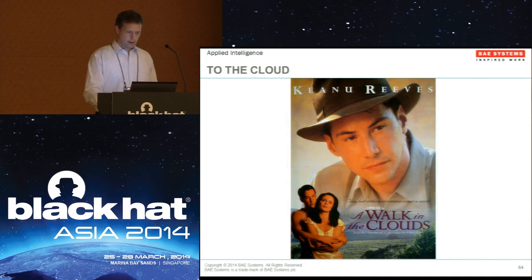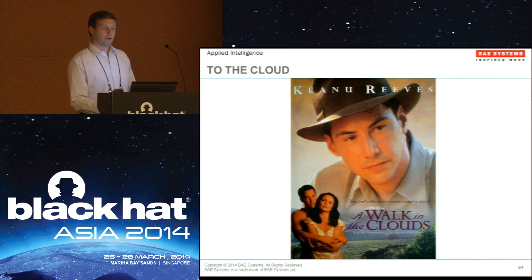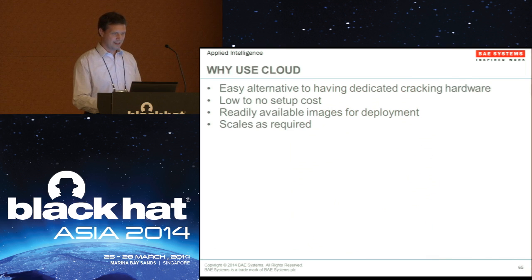So, when you want to crack this, you can move to the cloud because everything's in the cloud these days. Why use the cloud? Well, rather than going out and buying dedicated cracking hardware and setting it up, you can just hop on Amazon and launch a couple of instances. Amazon offers GPU. I don't think Google does it yet, but I'm sure it's in the pipeline.